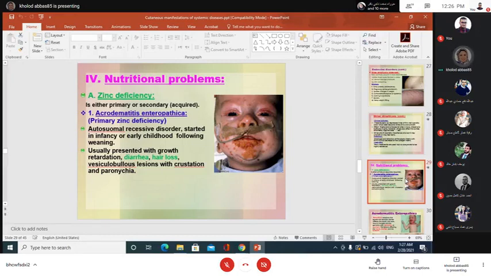Usually presented with growth retardation, diarrhea, and hair loss, with vesiculobullous lesions and crusting. Usually these lesions are around the body orifices, perioral and in the genital area.